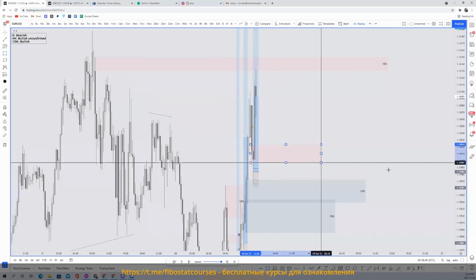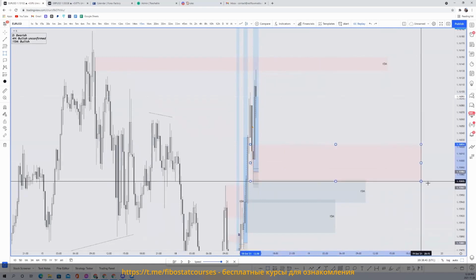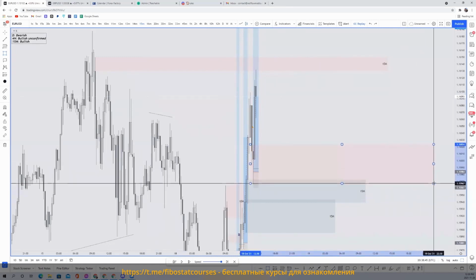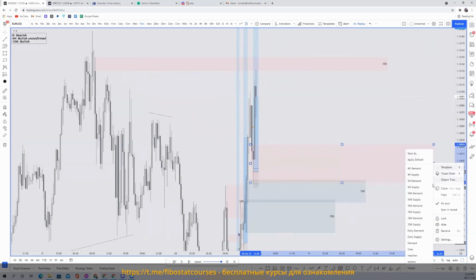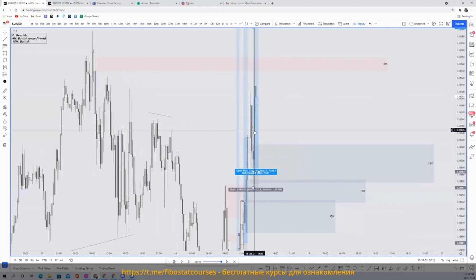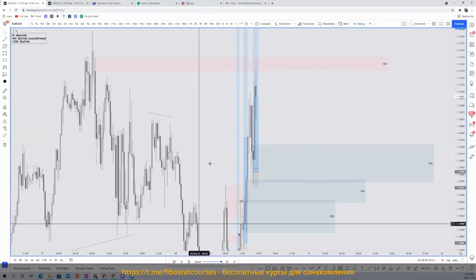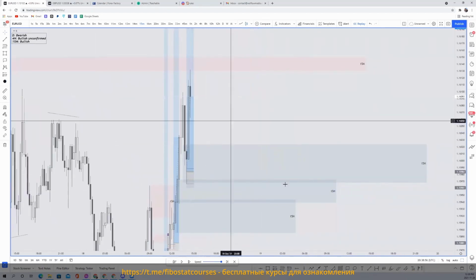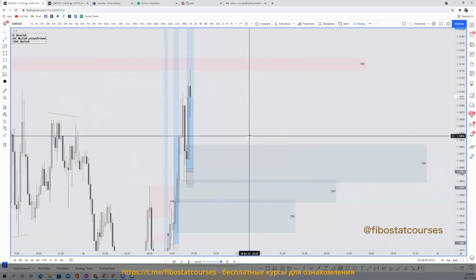So this becomes a relevant point to me now. And we'll call that a 15 demand. And the reason that's relevant to me is I want to see this demand stay intact if price is to continue going the direction it's going.